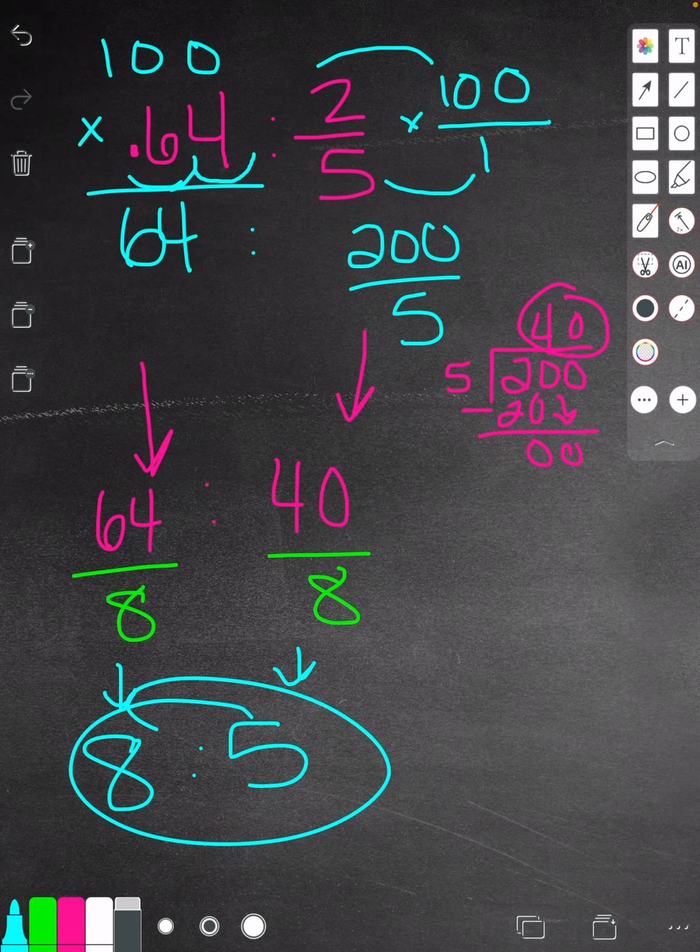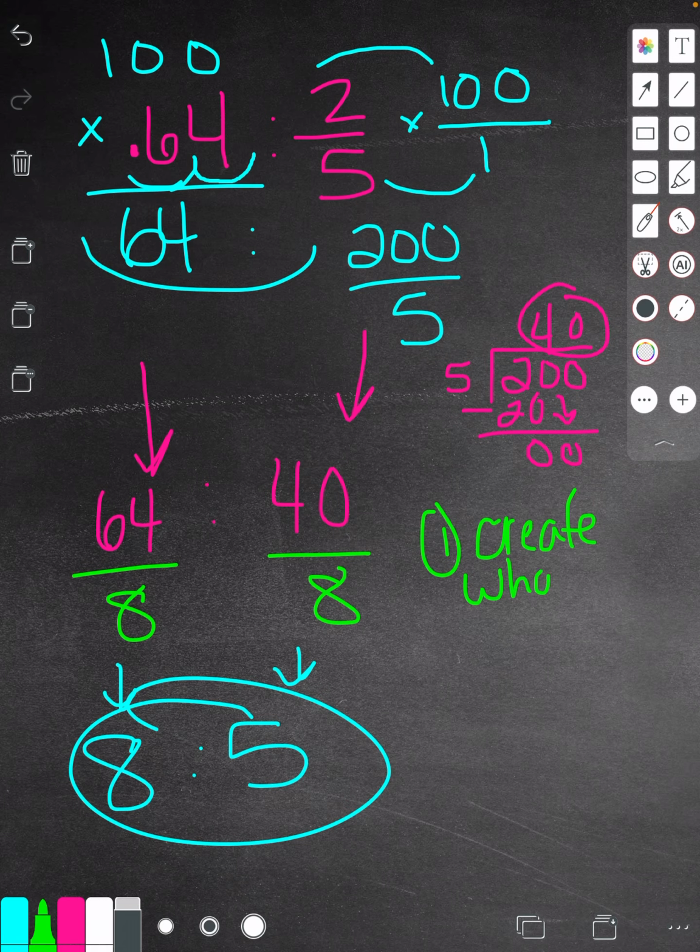So, review. Well, we created whole numbers. That means multiplying your decimals to move your decimal point, and then simplifying your fraction on the right-hand side, which is what we did.